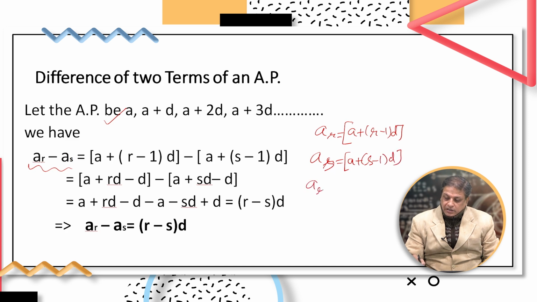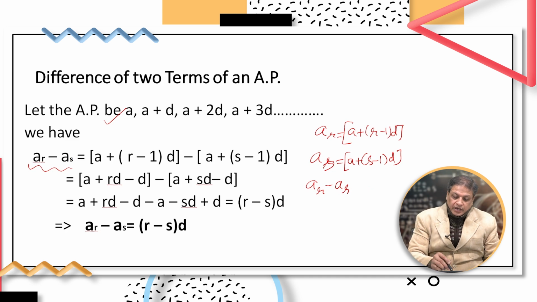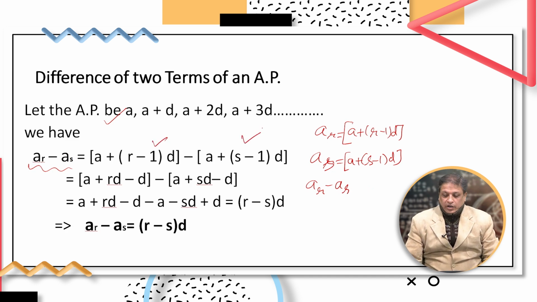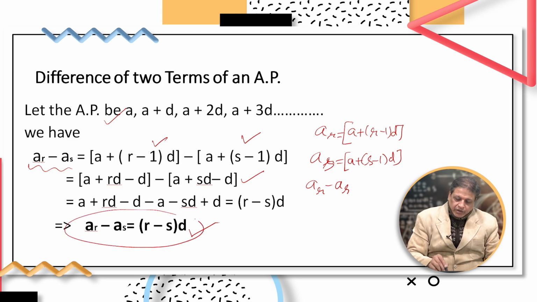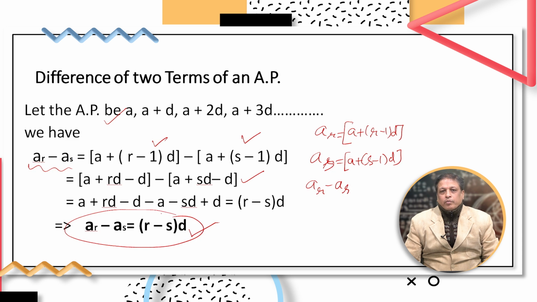So, AR minus AS is required to be calculated. On substituting the values of AR and AS and solving the expression, you will get AR minus AS is equal to r minus s into d, which is quite important when we are going to solve the numericals.